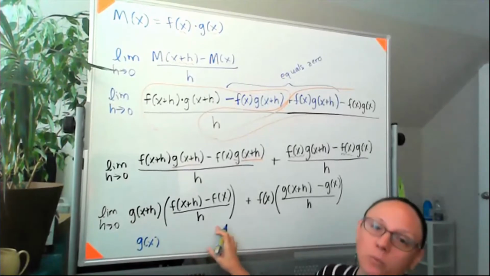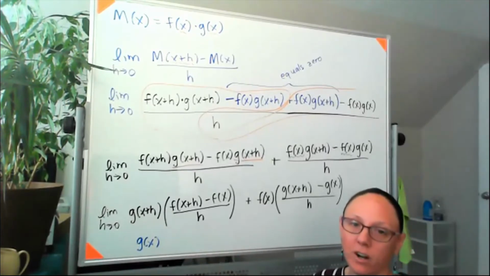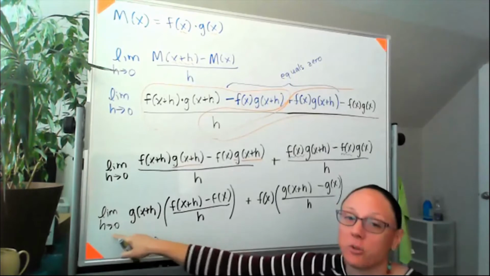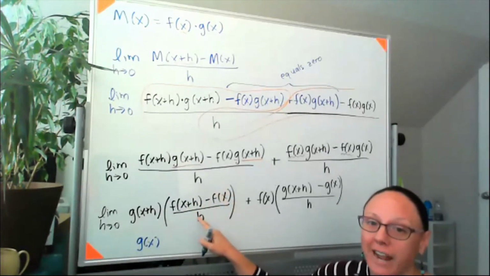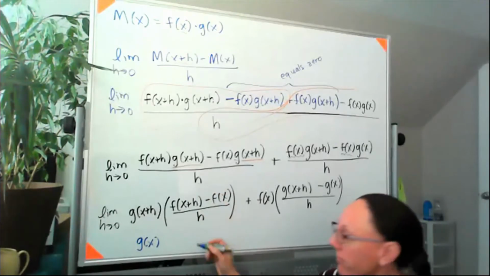And this part, we have a shortcut notation for, because the limit as h approaches 0 of f of x plus h minus f of x all over h is f prime.